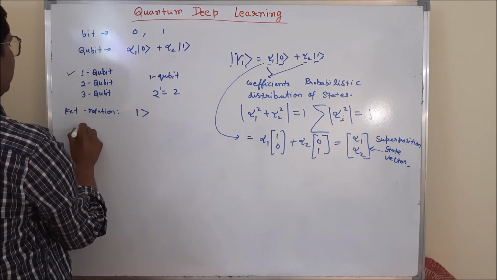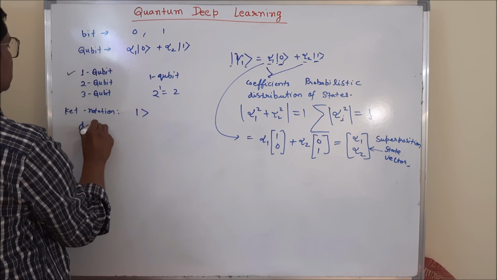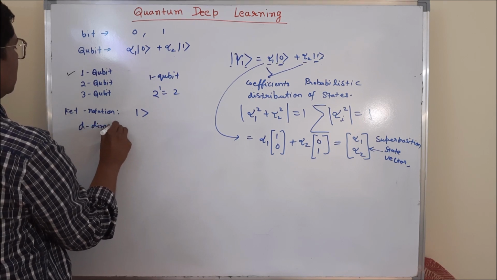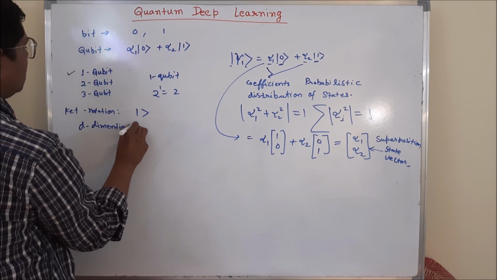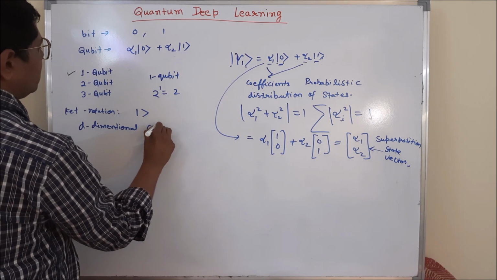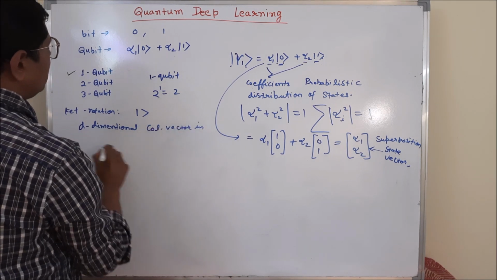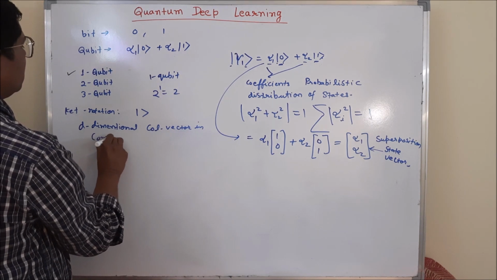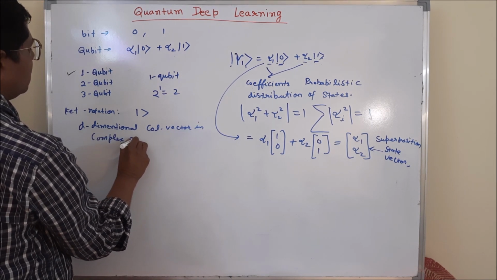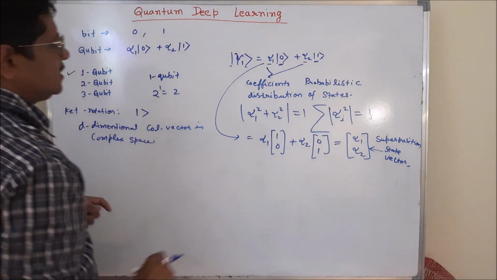It represents a d-dimensional column vector in complex space. Why do we say that?